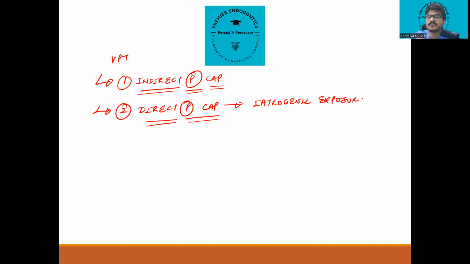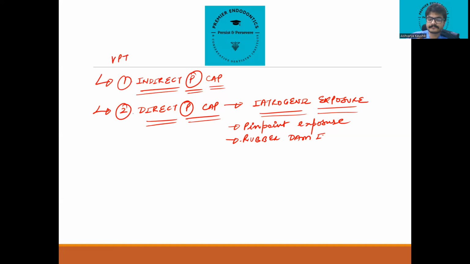Classically, the only indication of a direct pulp cap was iatrogenic exposure, especially when 2 to 3 conditions were met. Number one, there is only a pinpoint exposure. Number two, the bleeding could be controlled. Obviously, that is very important for all types of pulp therapy procedures. And number three, the exposure of the pulp was well isolated from the saliva, so you were preferably doing the procedure under rubber dam isolation.